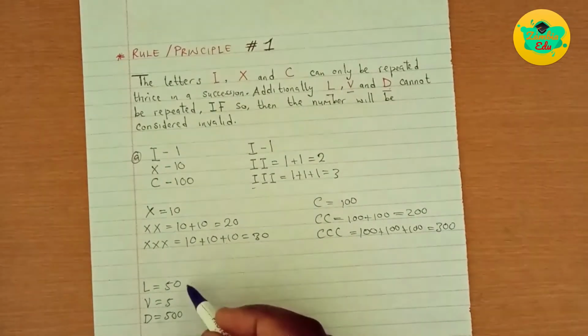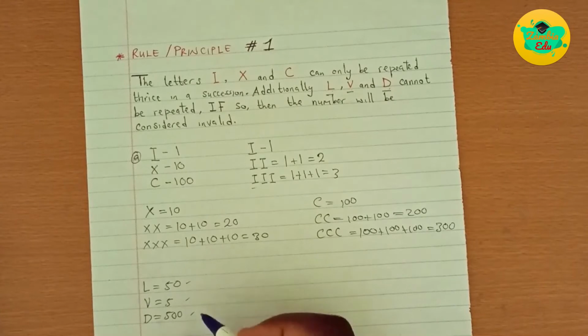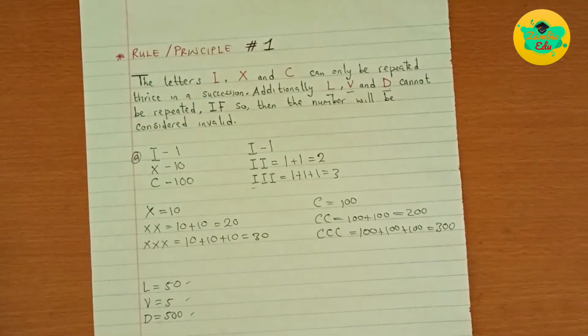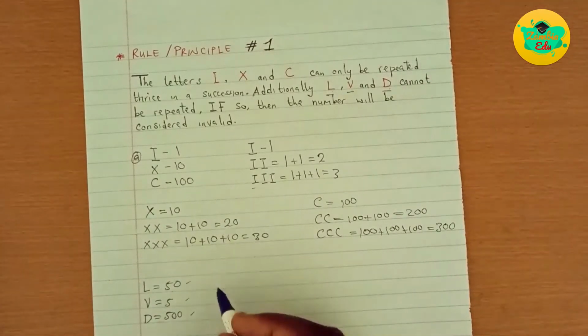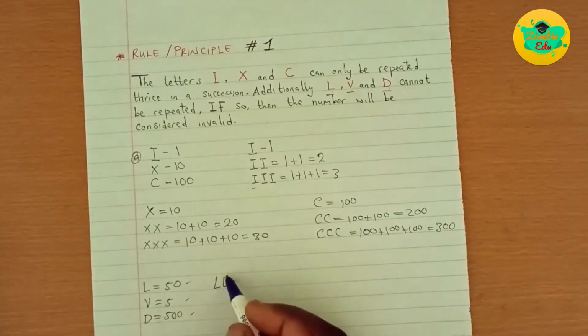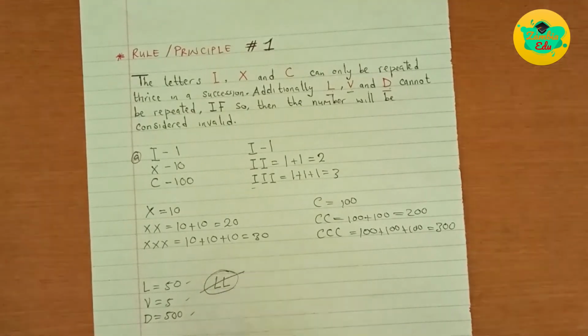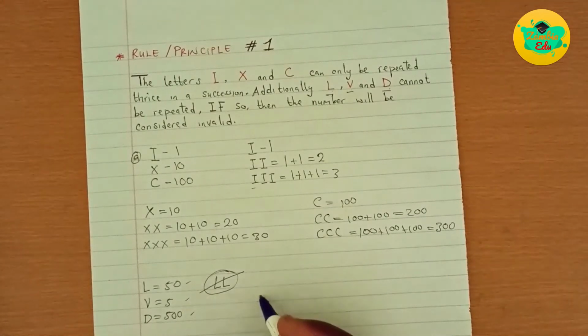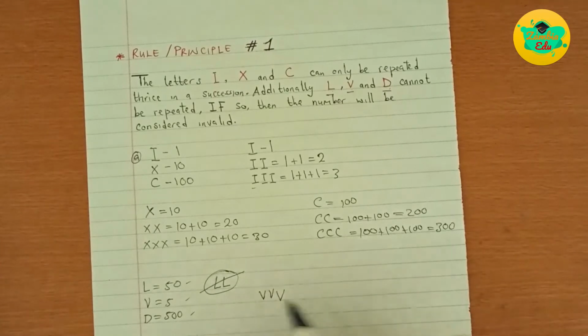So these cannot be repeated. It means that you cannot have a Roman number which gives you LL. Such a thing does not exist. You will not have a number which says VV. Such a number in Roman numerals does not exist.